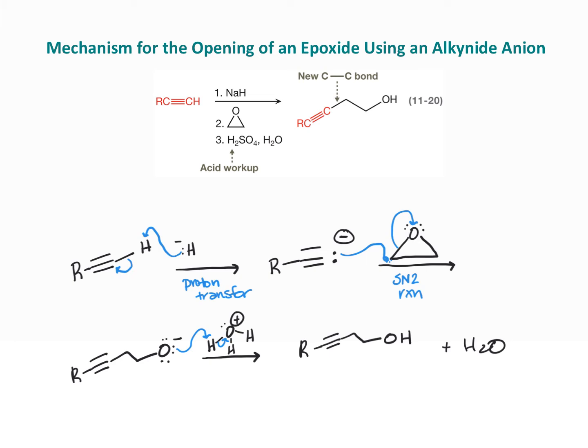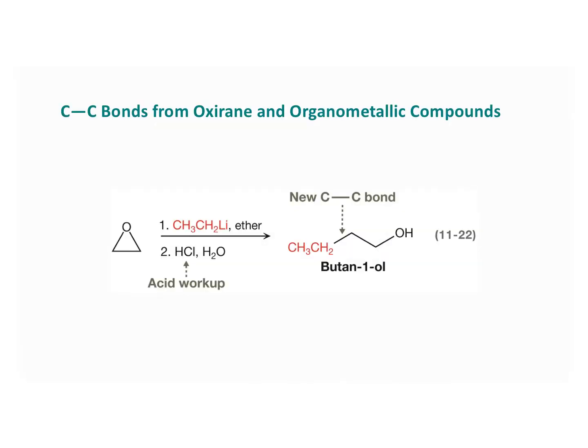Okay, so this is not the only way to create a new carbon-carbon bond. As we mentioned, we're going to learn a couple different reactions. And the next series of reactions we're going to learn are looking at organometallic compounds. Now, as a reminder, organometallic compounds are going to be compounds that contain some sort of metal and this organic group. The metal here is more electropositive, and so it ends up where the carbon here then has more electrons on it.